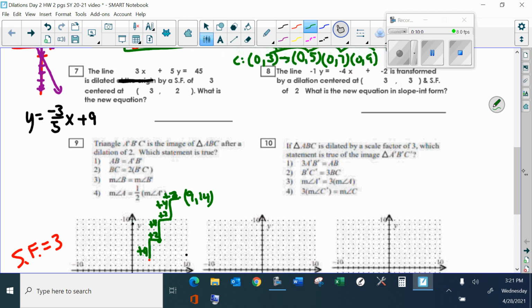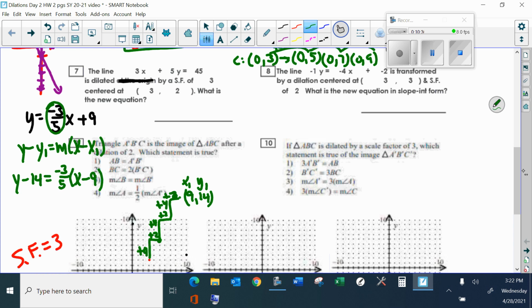So I'm going to put it in point slope form: y minus y sub 1 equals m times x minus x sub 1. Remember, that's point slope form. So there's my x sub 1, y sub 1, and my slope, negative 3/5. So I have y minus 14 equals negative 3/5 times x minus 9.